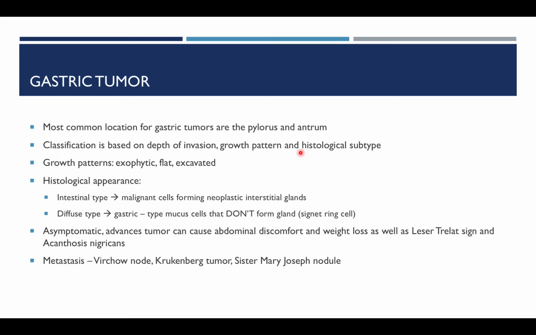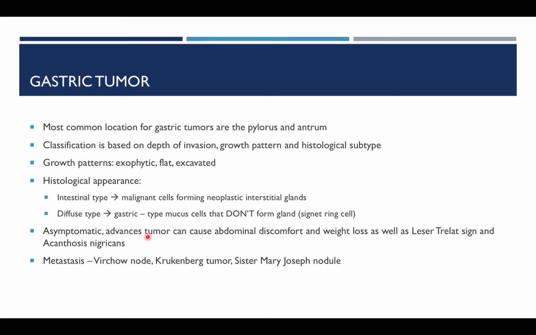It can also be classified by histological subtype, which is the intestinal and diffuse type. In intestinal, we can see the formation of glands. In diffuse, there is no such gland formation. In fact, there are what we call signet ring cells.